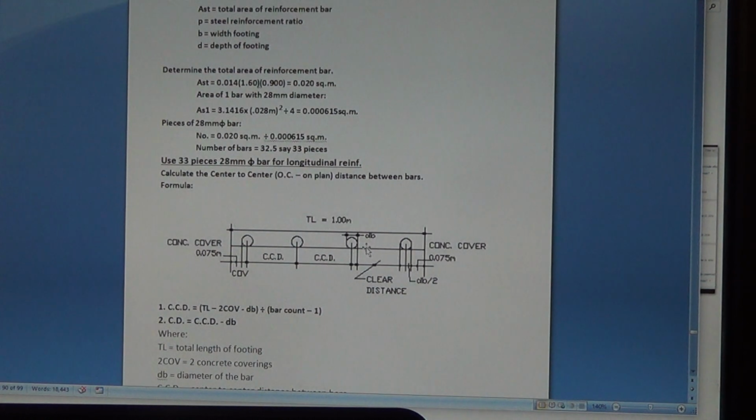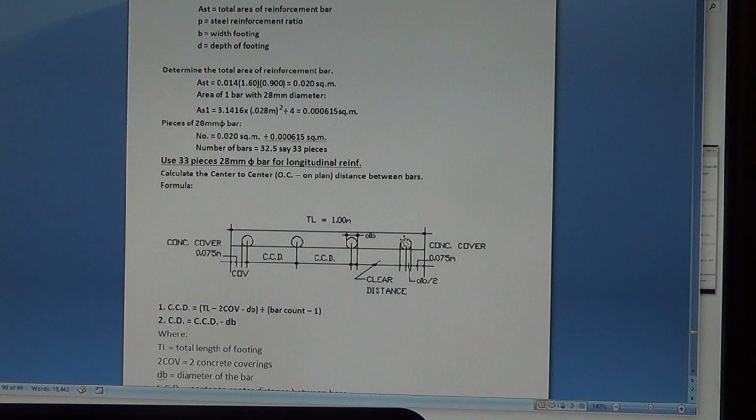If you have no room for the clear distance of 40 millimeter, therefore you have to remove some of the transverse reinforcement, usually 3 or 2, and then bundle it with the other one. Like see here, I have to remove it here and put it over here, equally distributed.